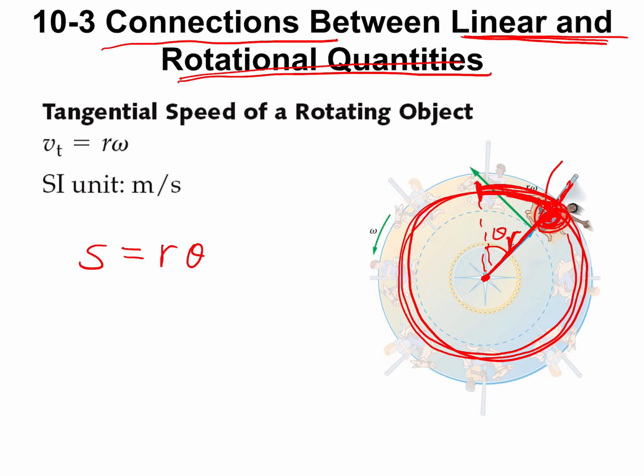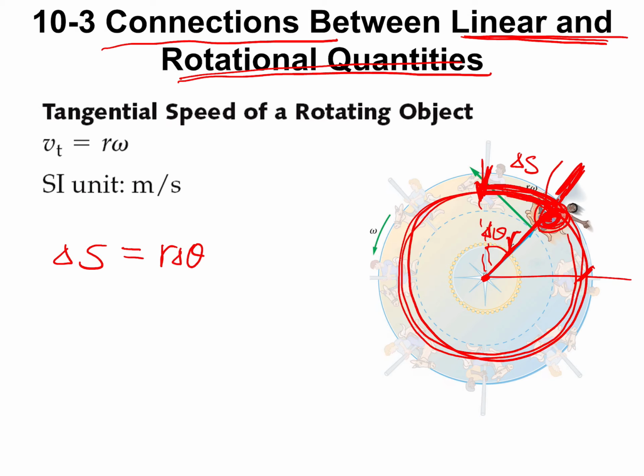If you look at a displacement, suppose he starts from here and ends here, this is delta s, the change in the linear distance, equal to r delta theta.